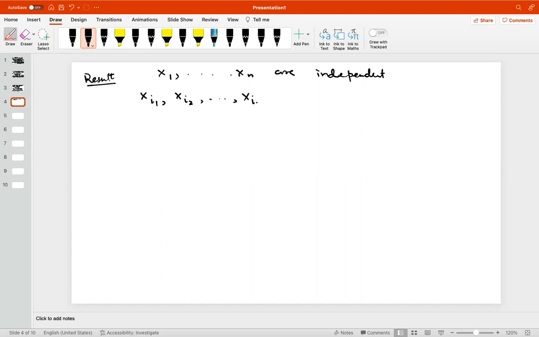So this is a subset of this. Then this subcollection, that means x2, x7, x9, something like that, is also independent. Obviously, k is less than or equal to n. If k equals n, then it is the whole collection, and the xi1, ..., xik are independent.